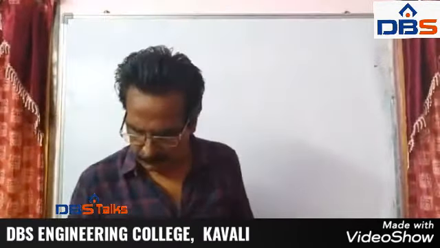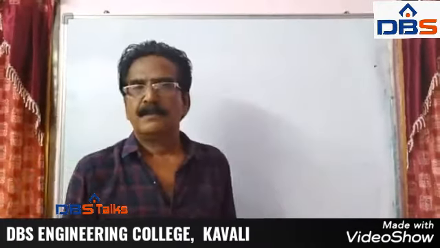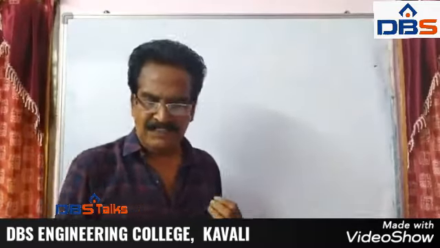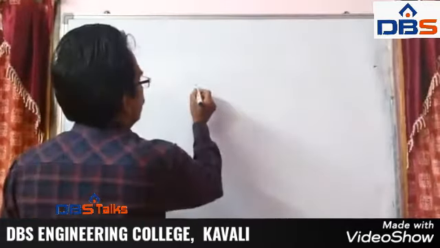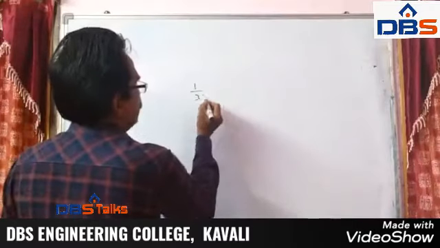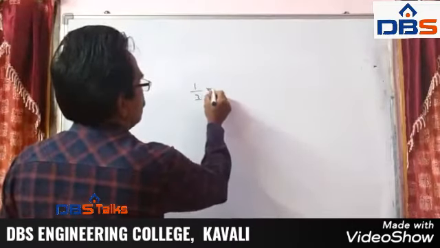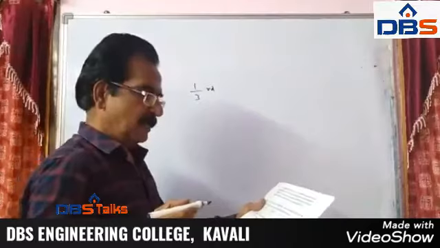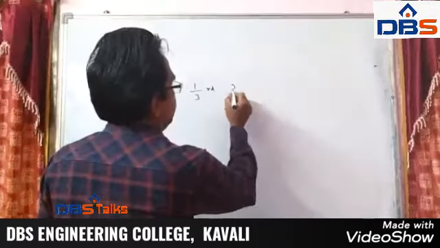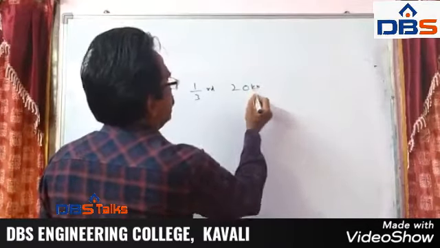Okay friends, our next problem is: one car moving on a straight road covers 1/3 of the distance at 20 km/h.